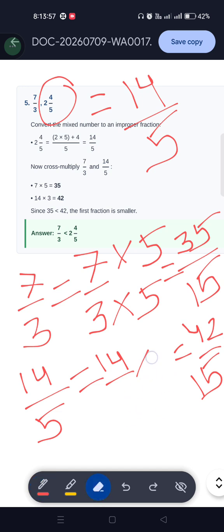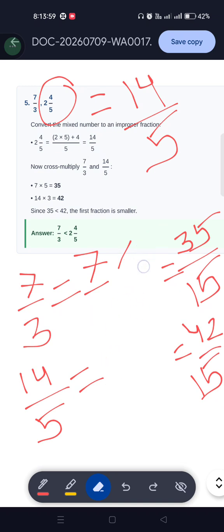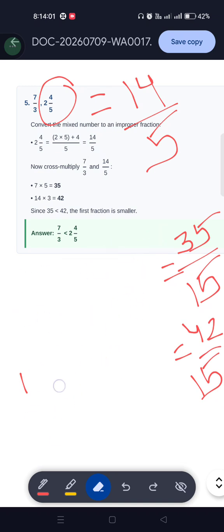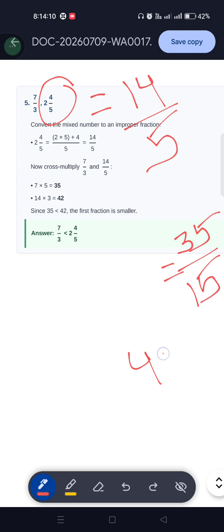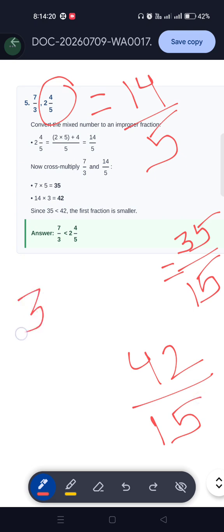So first of all erase this one, and I am writing this fraction again in clear writing. In the second fraction you have got 42 upon 15. So now from the first fraction we got 35, and from the second fraction we got 42.